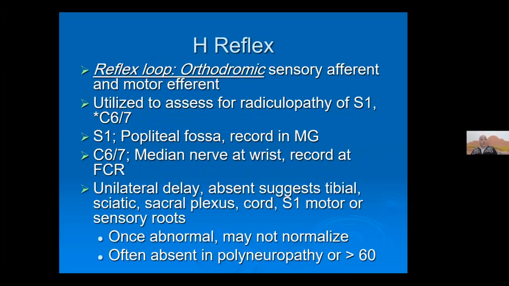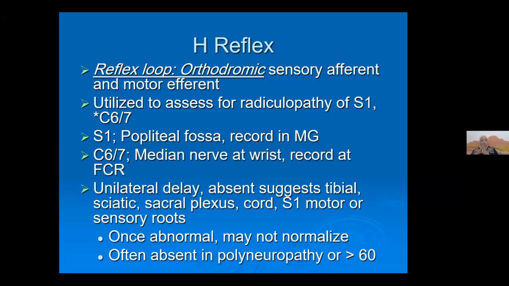As for the H reflex, it's a reflex loop. Orthodromic sensory is afferent and the motor is the efferent. As we said, it's the counterpart of the ankle jerk, so it's affected in S1 lesions. Less commonly, it can be done for the median nerve at the wrist while recording from the flexor carpi radialis muscle.